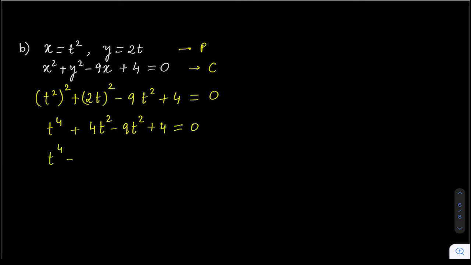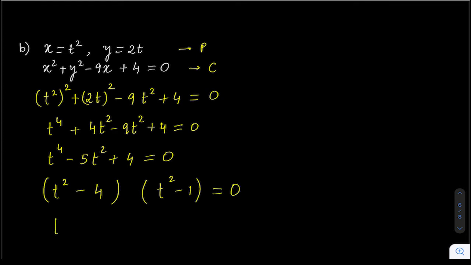So let's try to make factors. Minus 5t square plus 4 equals 0. Now this we have done in quadratics. So what we will do is basically make factors in t square. I think everyone understands this. So t square minus 4 times t square minus 1 equals 0.